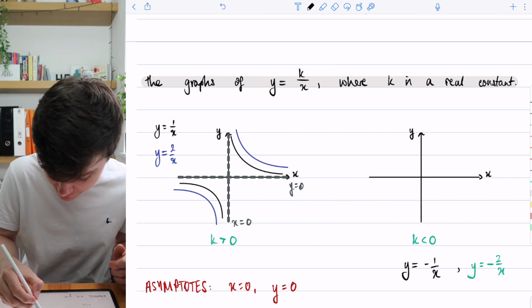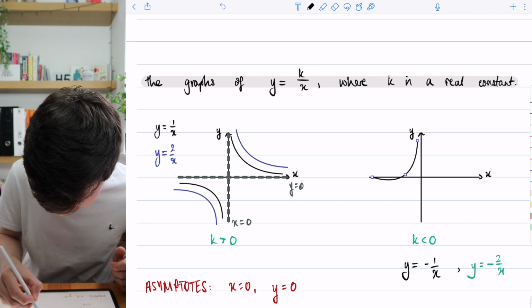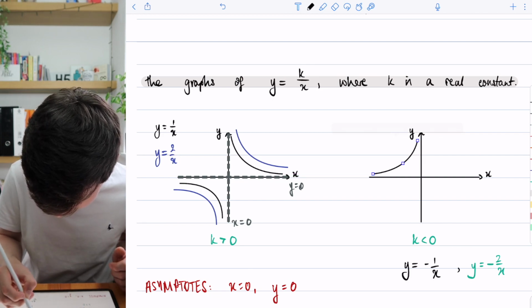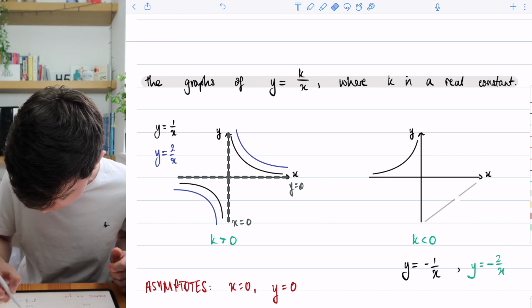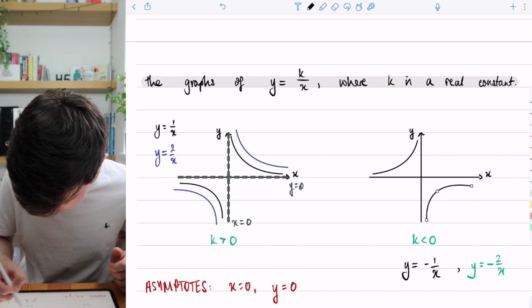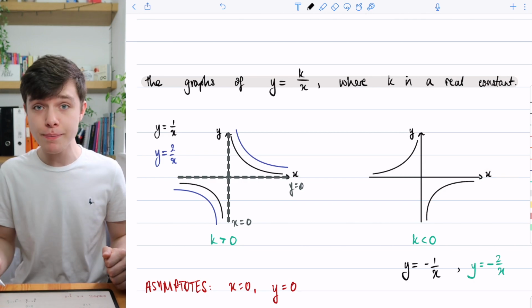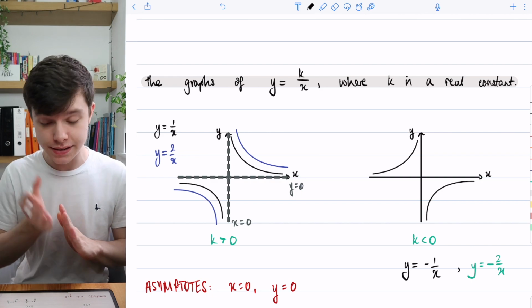So what we have is something that looks like this. Let me make sure that's in the right place. We have something there, and we also have something like this. And of course you wouldn't have this special iPad to draw your graphs. You just want to make it as curved and as neat as possible.